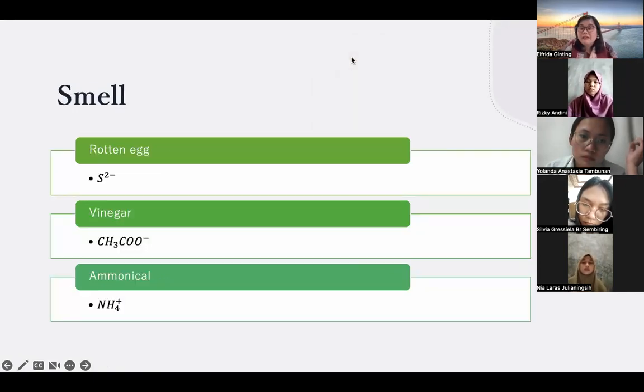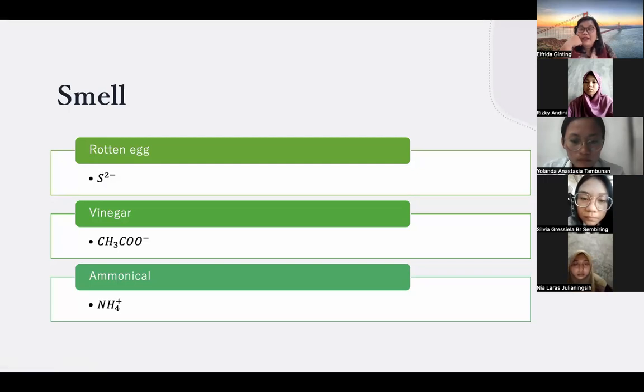Now, smell. You can smell the odor. If you smell something like a rotten egg, telur busuk, then it means you have sulfide, S2-.